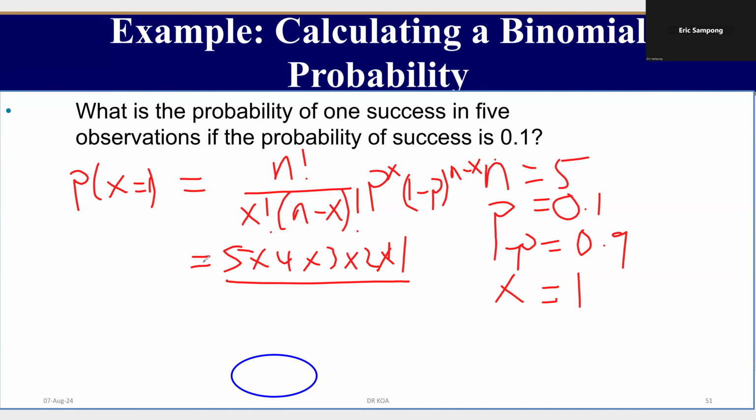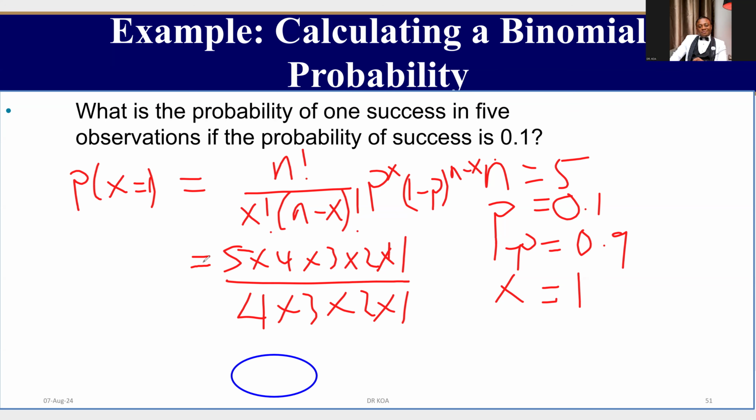Eric, you found the answer. How did you get it? Yeah, I used the same format you are using. So the 1 factorial is 1. And N minus 1, that is 5 minus 1 is 4. So you have 4 by 3 by 2 by 1.